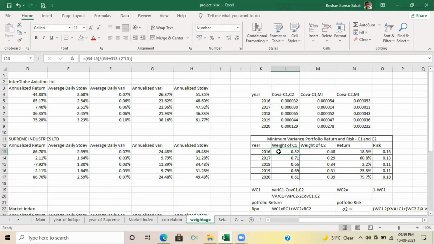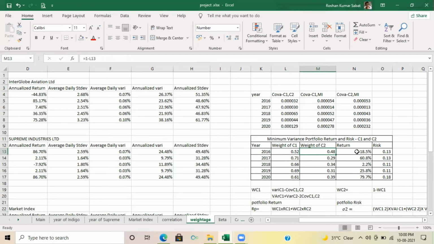By this, we calculated up to 2020, and the same process for C2: just 1 minus the weight of C1, because the formula for the weight of C2 is 1 minus WC1. By this you can drag it out for the whole range up to 2020.